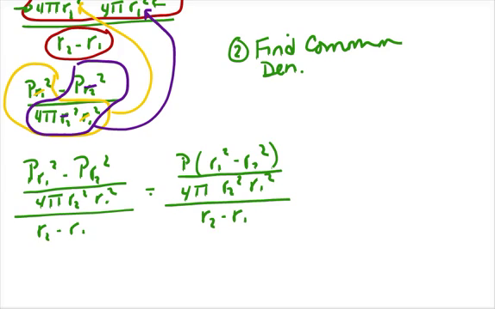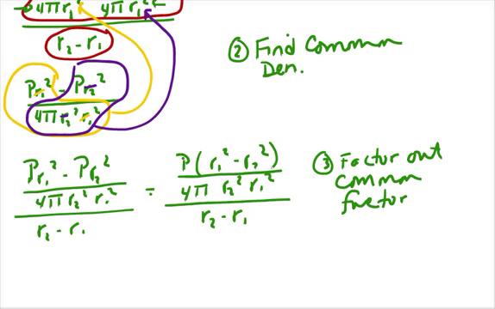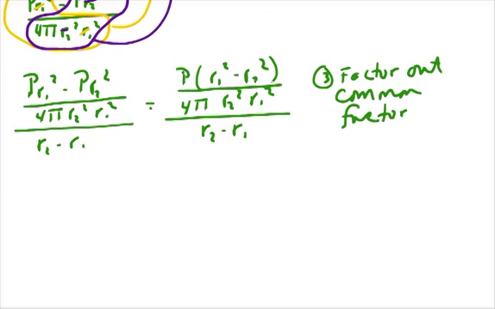Alright, that's a good clean way of executing algebra. You do one thing in one step. So here I factored out a common factor. Finding a common denominator, factoring out a common factor, these are all common algebraic concepts.